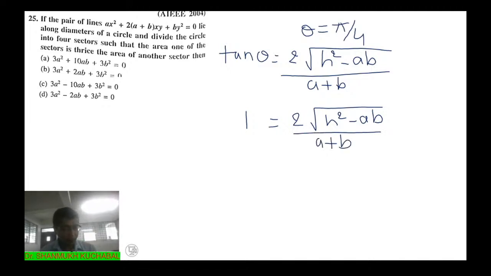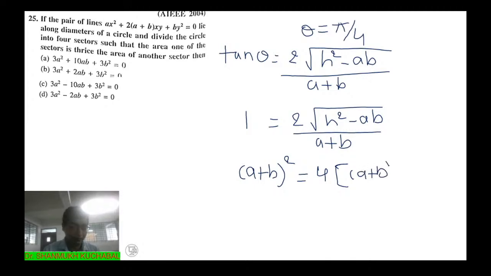So a plus b will transport to LHS and squaring, we get a plus b whole square equal to 4 times, h is a plus b, so a plus b whole square minus ab.